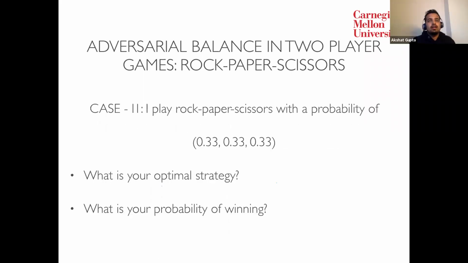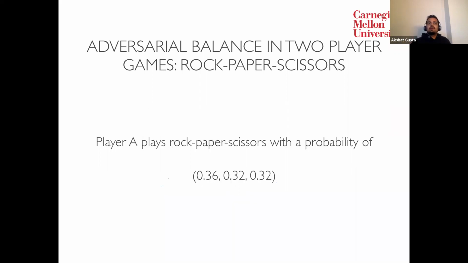So going back to the question, when I'm a perfectly random player, what is your optimal strategy? And I saw a bunch of answers on the chat: pick anything randomly. Yeah, any strategy that you choose is optimal, and your probability of winning is always 0.33.